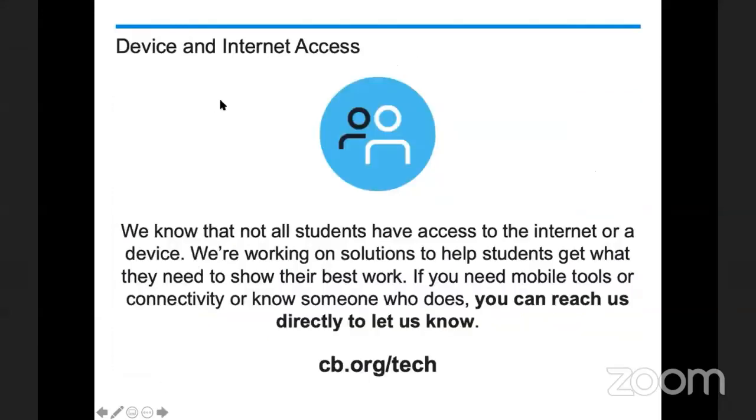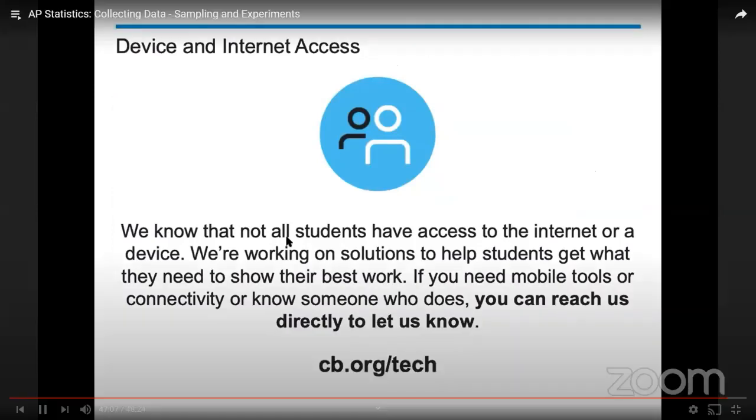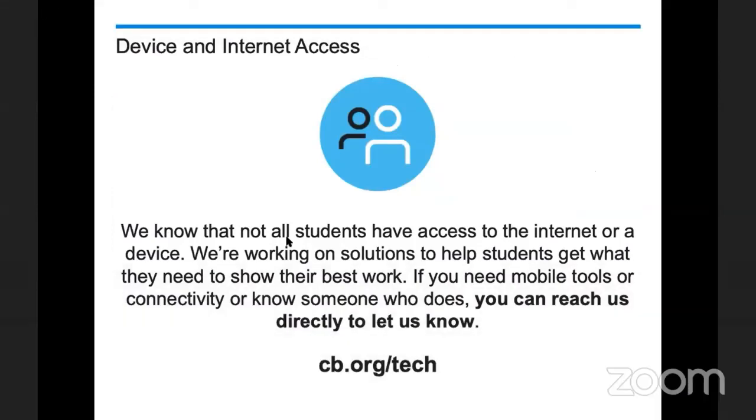He's doing one tomorrow. So again, we know that all students do not have access perhaps to the internet or a device, and of course this year's AP Stats exam will be taken at home, most likely, or over some sort of device, computer, laptop, phone. College Board's working on solutions to help students get what they need to show their best work.